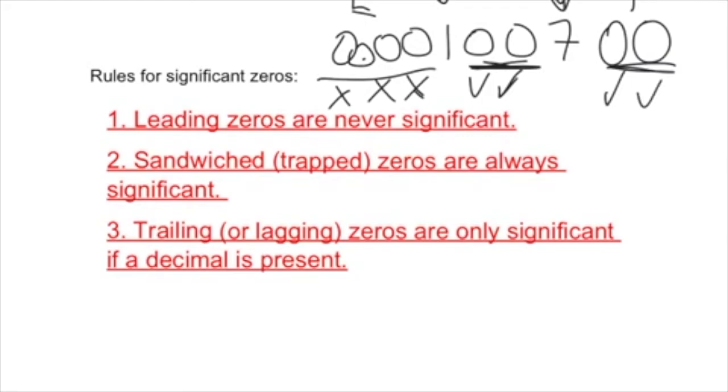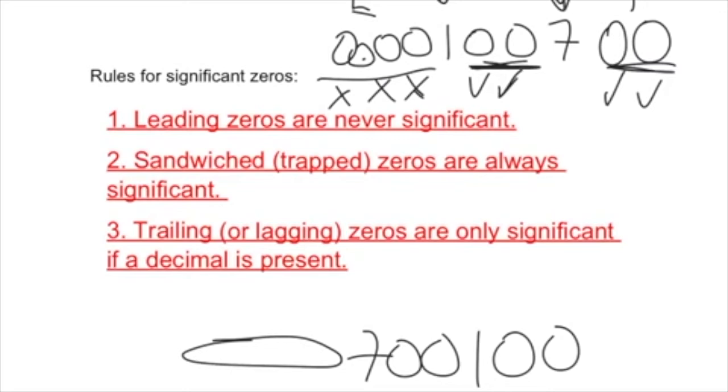But maybe here's another example. Maybe that's the number we give you, 700,100. Well, I have no leading zeros. There's no zeros before, so I don't have to worry about those. Here I have another 2 trapped zeros, so those guys definitely count. These last 2 are my trailing zeros.